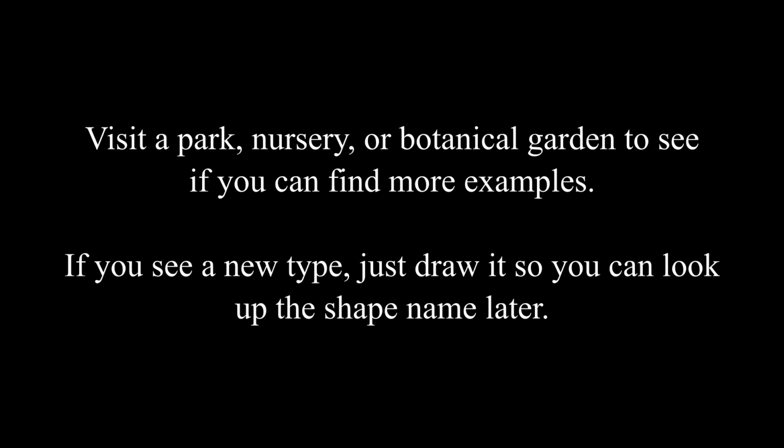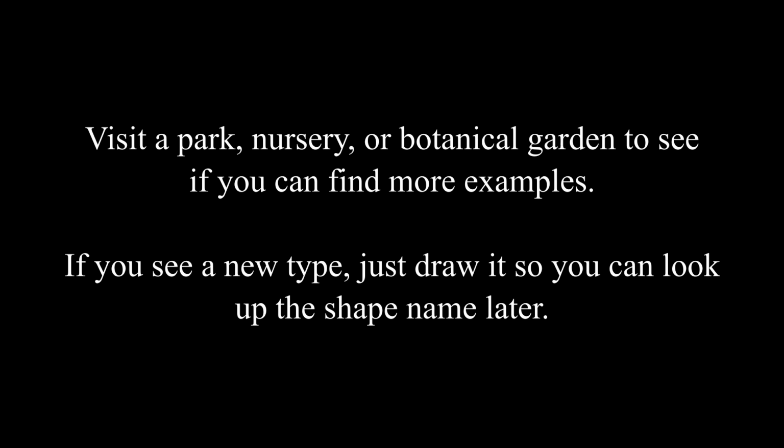Another really fun one to do is the calcarate and the tubular. Both of those are in here, and you can actually find examples of them in the typewriter alphabet, but I'm not going to tell you which ones they are because I don't want to give it away. I want you to find them for yourself. You're going to make your drawings and then visit a park, nursery, or botanical garden to see if you can find more examples.